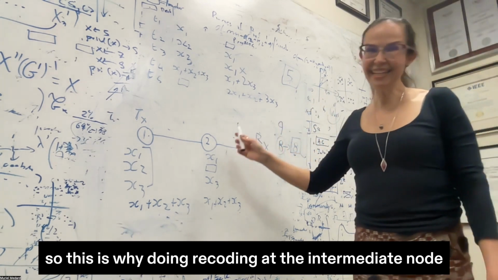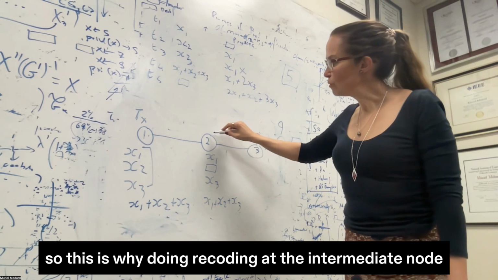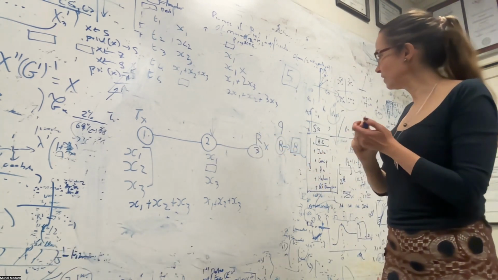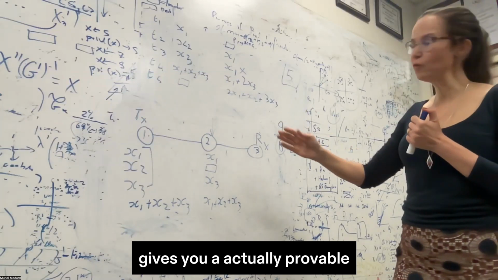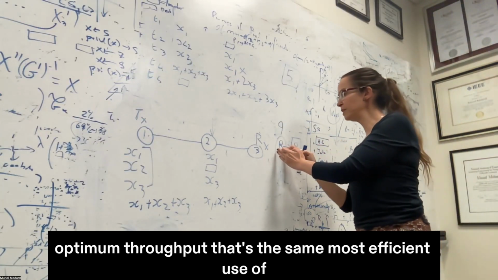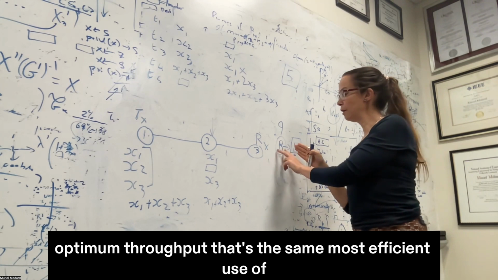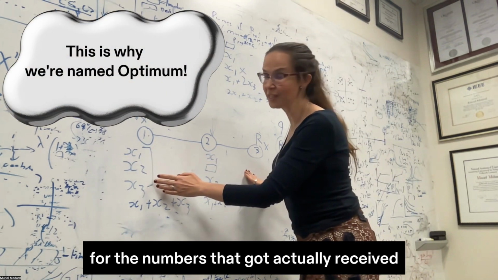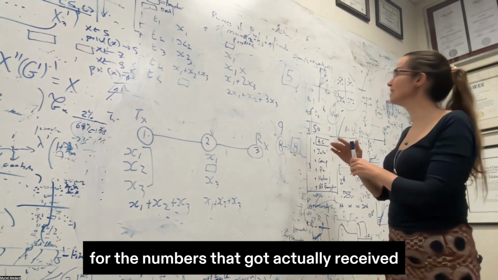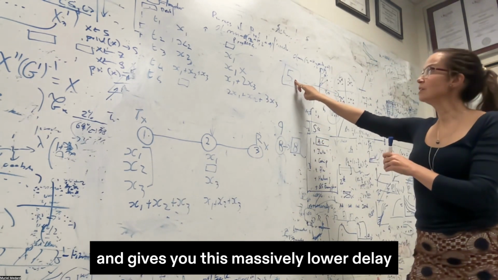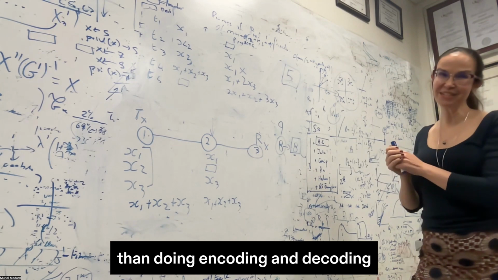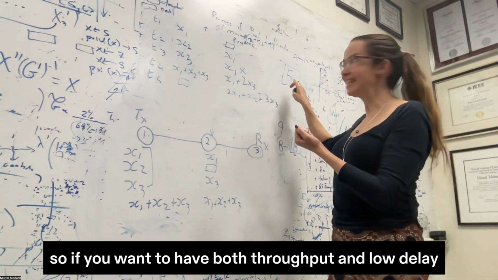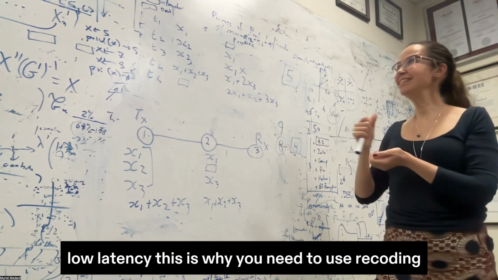So this is why doing recoding at the intermediate node gives you actually provable optimum throughput. That's the most efficient use of total number of transmissions for the numbers that got actually received, and gives you this massively lower delay than doing encoding and decoding. So if you want to have both throughput and low delay, low latency, this is why you need to use recoding.